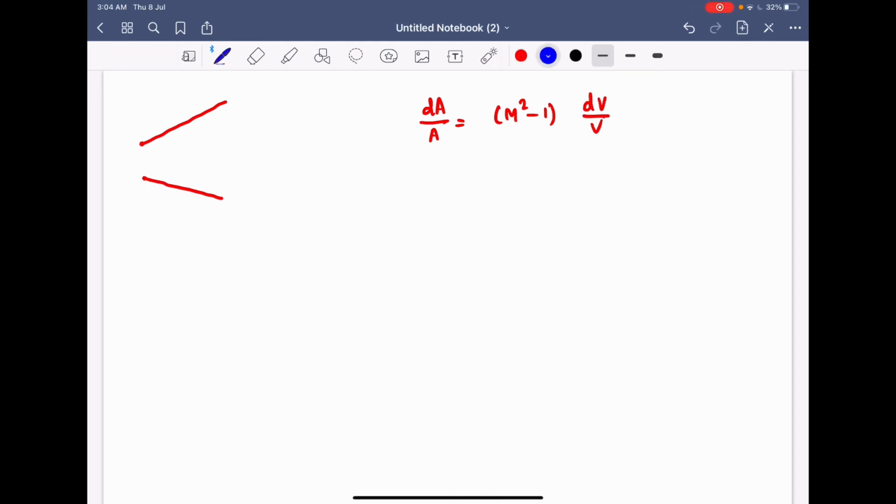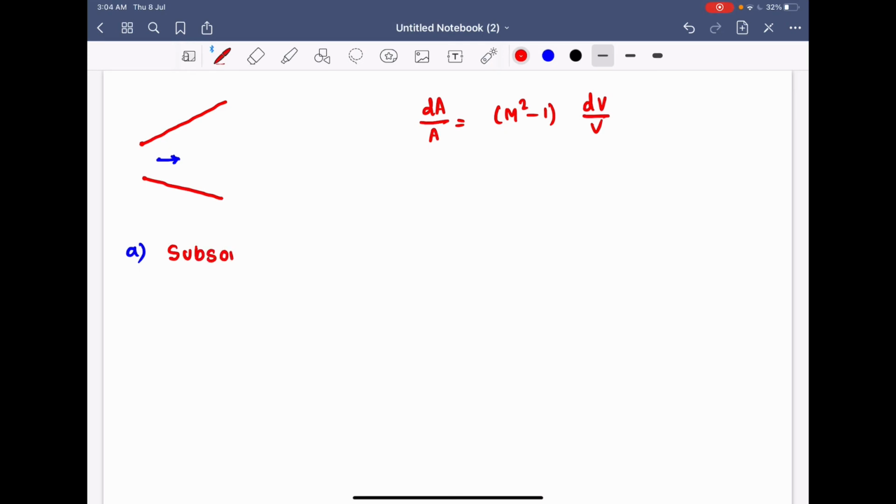Now, the flow through this divergent duct: first of all, I am taking the flow to be subsonic.